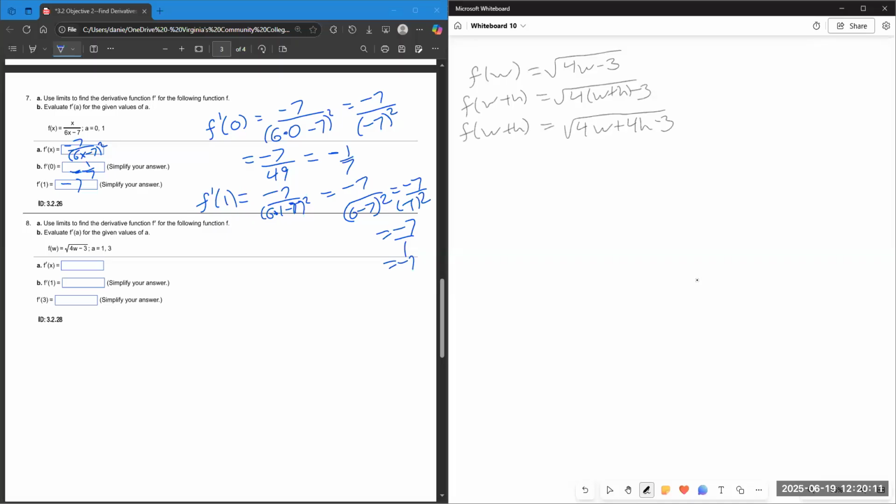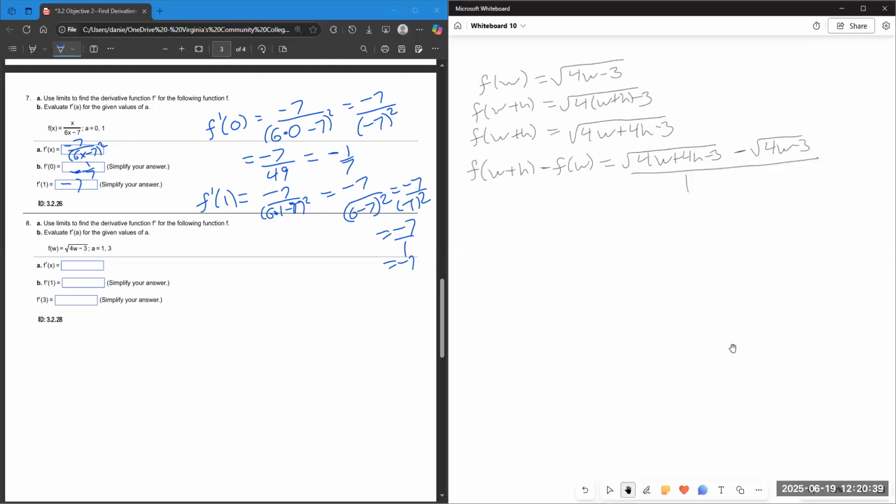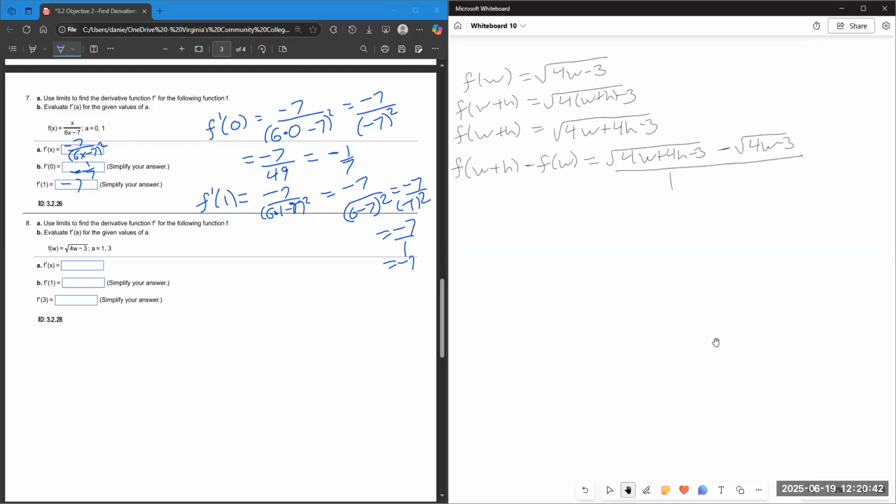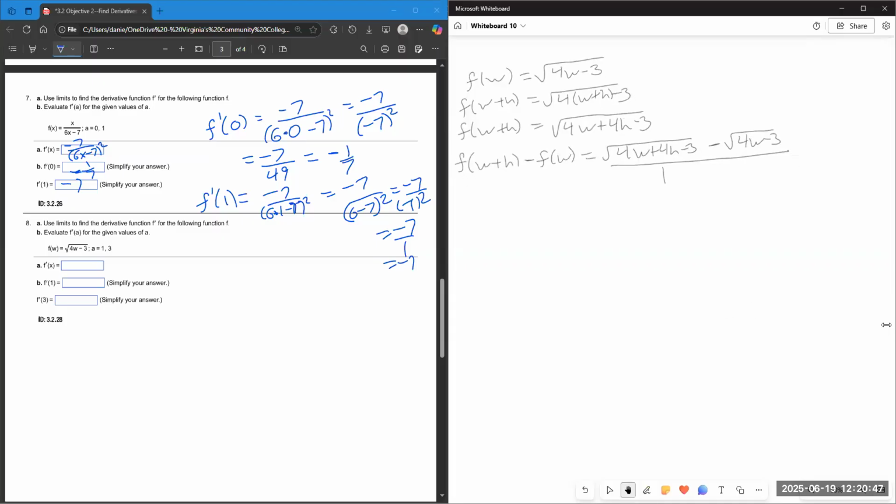So f of w plus h minus f of w is root 4w plus 4h minus 3 minus root 4w minus 3. This is over 1. I want to rationalize this expression before we go any further. I'm building to my limit here, so just bear with me.